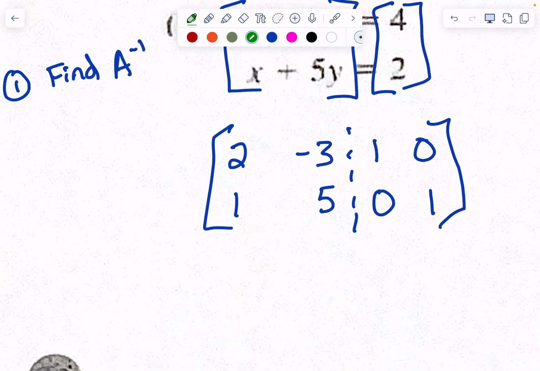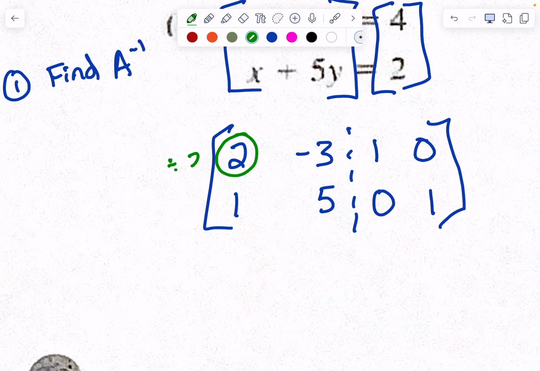Which number are you going to pick on first? Two. We have to get the 2 to be a 1. How do we get 2 to be a 1?